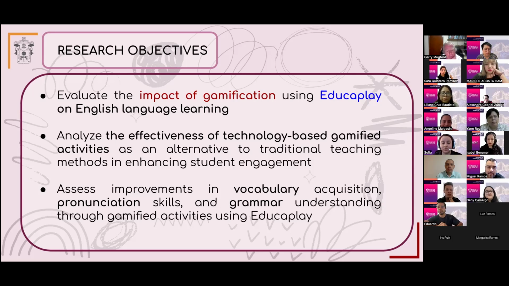My intention is not to put traditional methods on the bad side. Simply that gamification can be an option to increase the motivation of the students to learn English and how they can improve in different linguistic aspects.